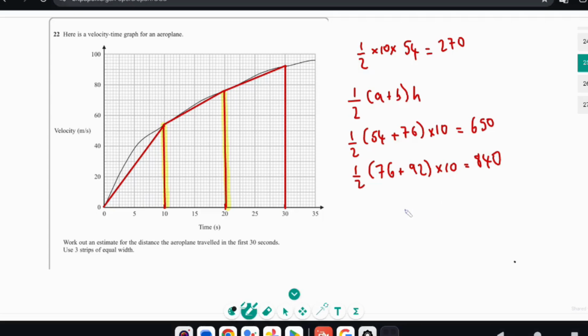Gives us a total area or distance covered by the plane, 1,760 metres.